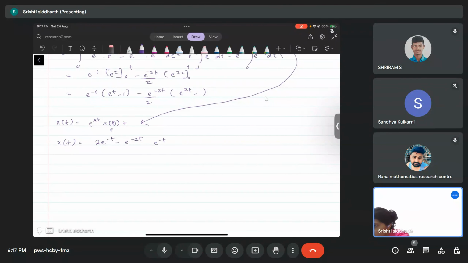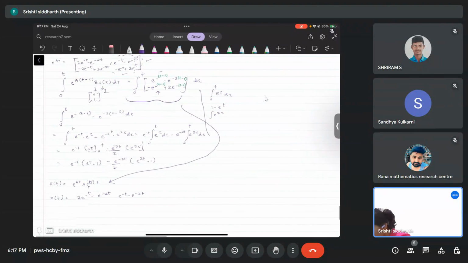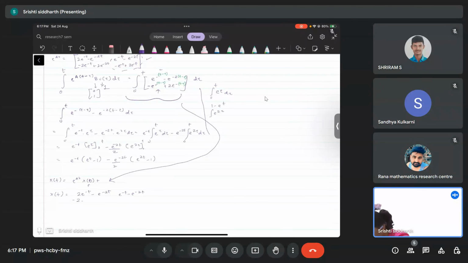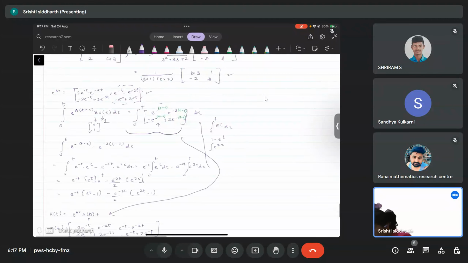Minus e to the power minus 2t, minus 2 e to the power minus t plus 2 e to the power minus 2t, times the initial condition.